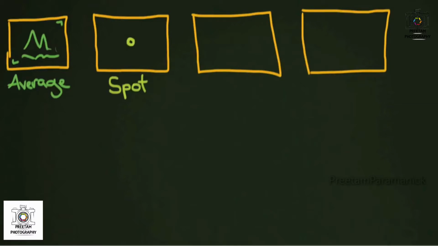Your next metering system is called center-weighted, and so you'll have a big spot here, and then sometimes a slightly bigger one around the outside of that. Center-weighted basically means there's a spot in the middle, often a little bit bigger, and then a bigger spot that's also pretty light sensitive around the outside, and then maybe a tiny bit out here.